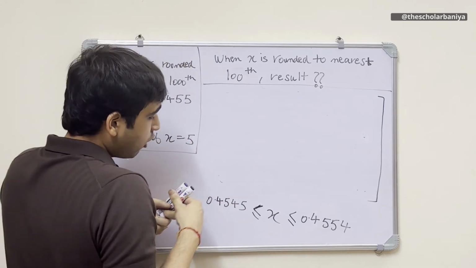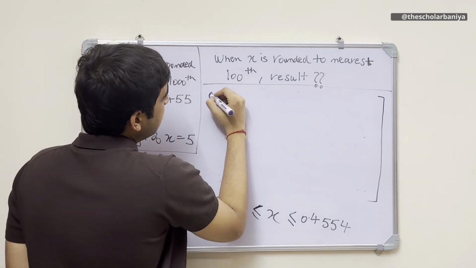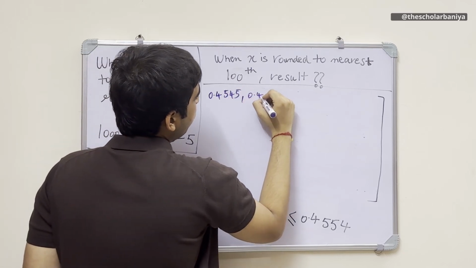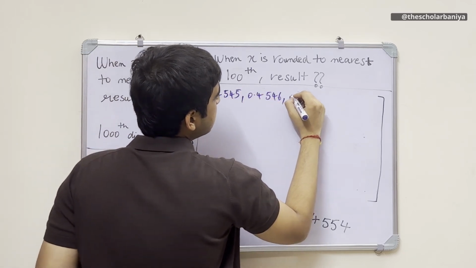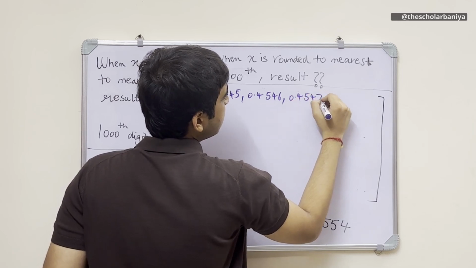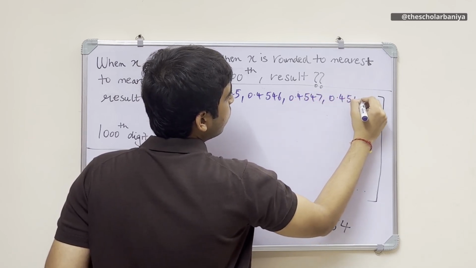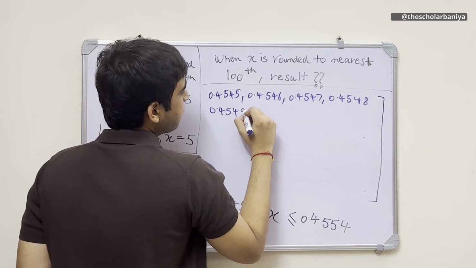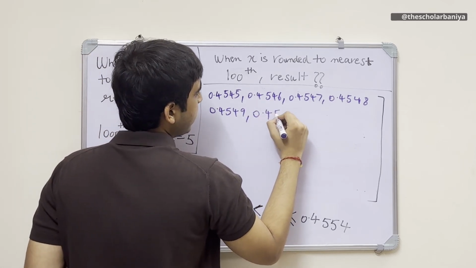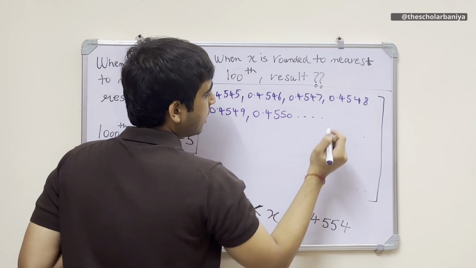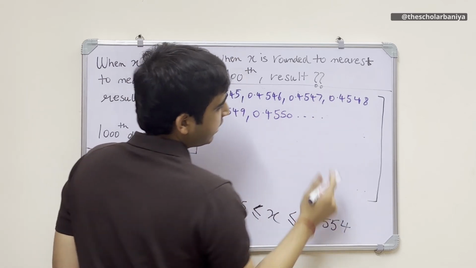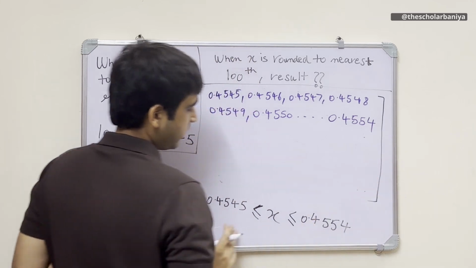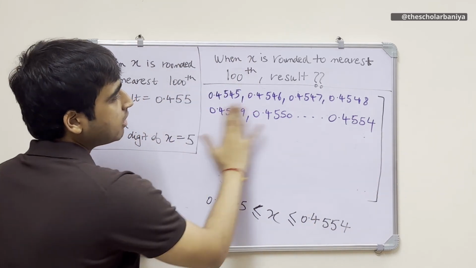So what all possible values can we have? We can have 0.4545, 0.4546, 0.4547, 0.4548, 0.4549, 0.4550, up till 0.4554. So these are the possible values of x.